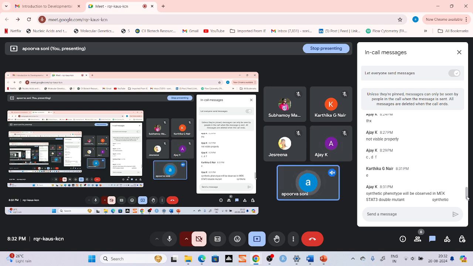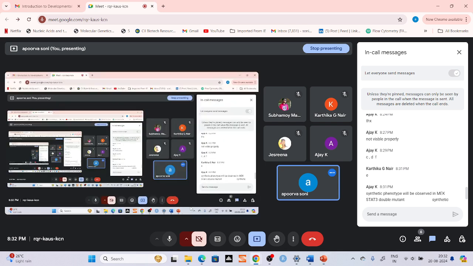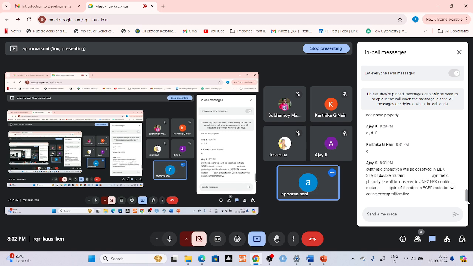Okay, so C, D, and F options. Just a minute, actually, it's very small. C, D, and F. Okay, and Kartika has answered E. Okay.